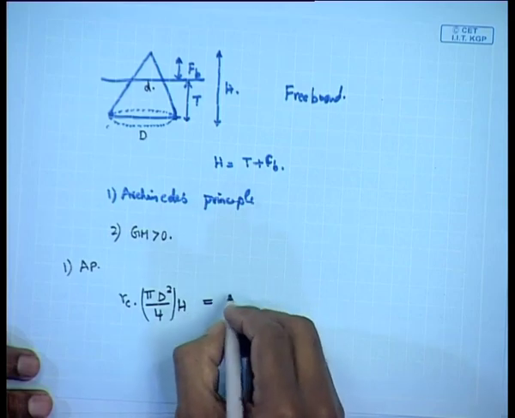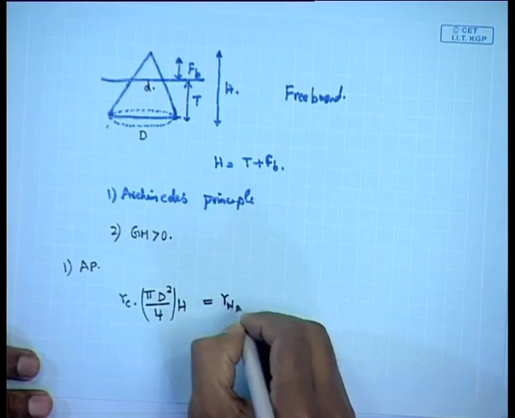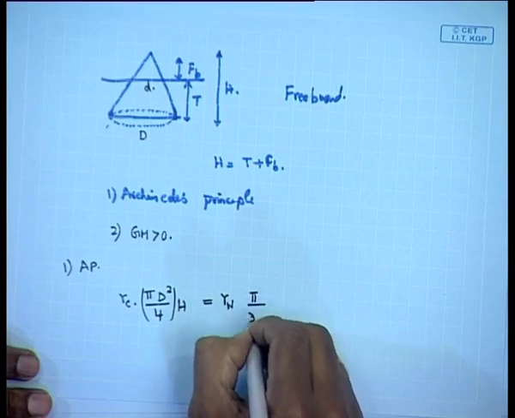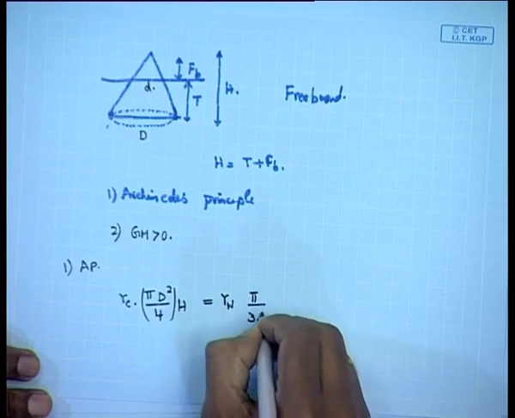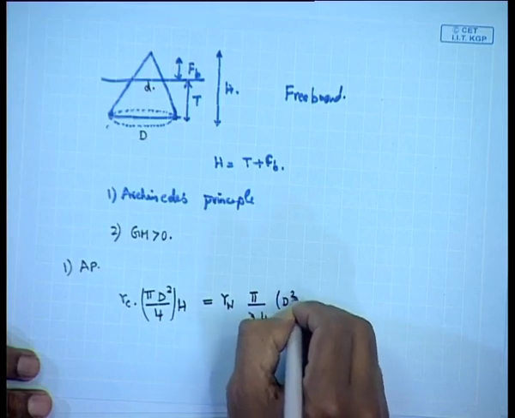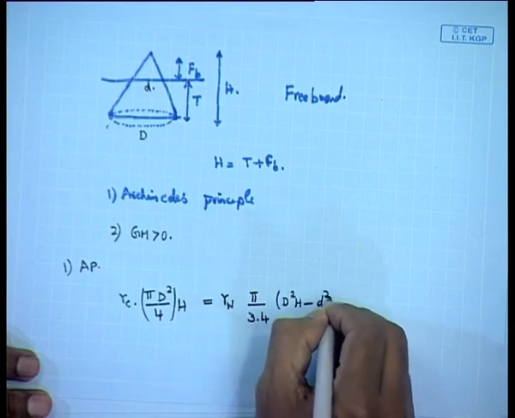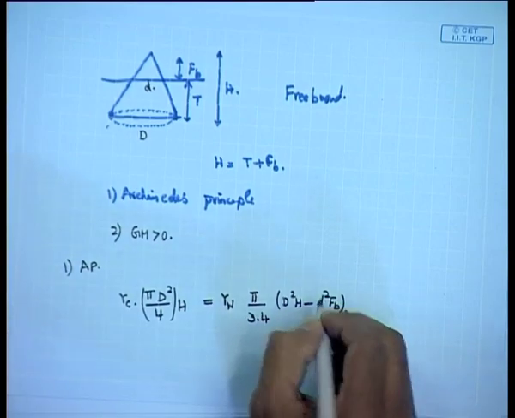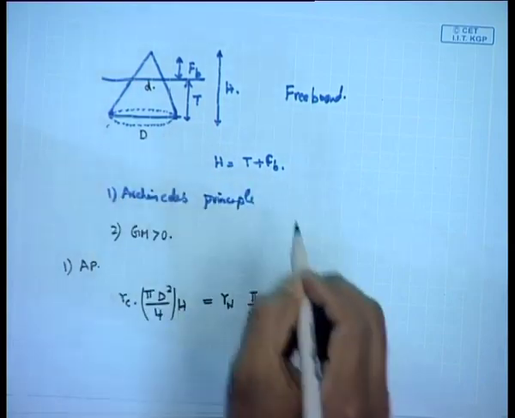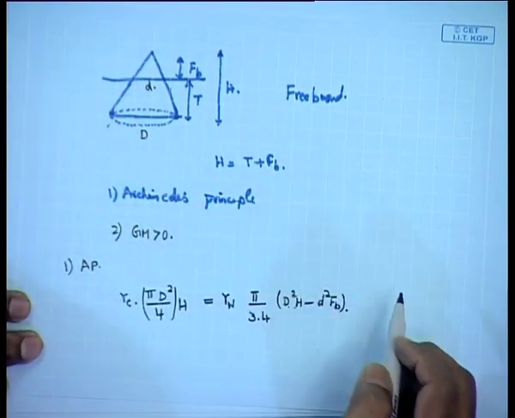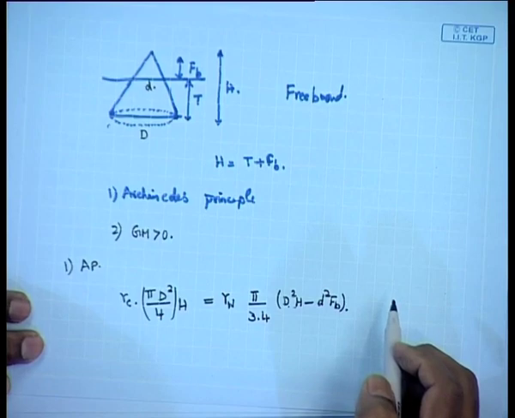It is equal to the weight of the water displaced, which is pi by 3 into 4 d square h minus d square FB. So this is equal to this volume.